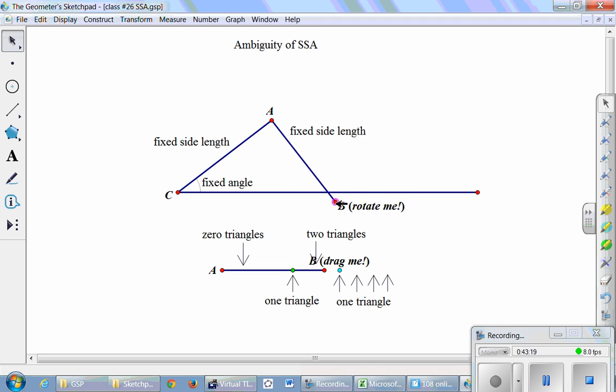But if we take this guy and rotate it around this way, then we see there's actually another point right in there where that's still the same side length that we had before. That's still the same side length, and this angle is the same. And there's a perfectly good different triangle that has the right side and angle. So we had one over here, and then a completely separate valid one over here.